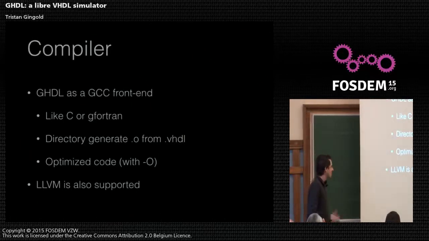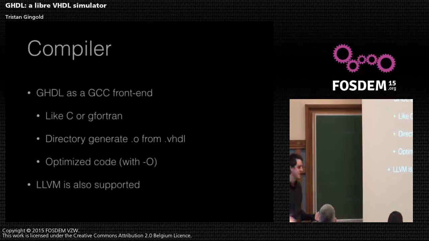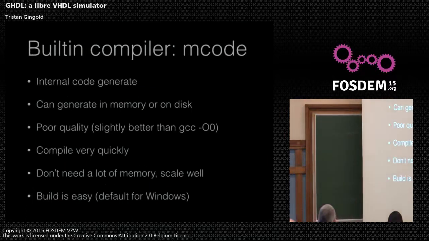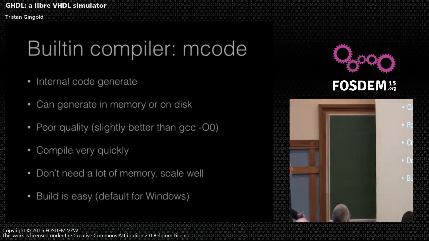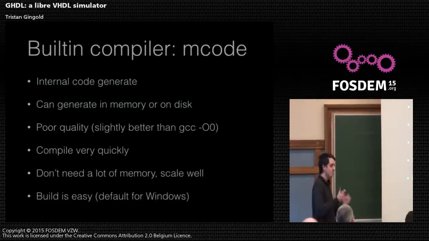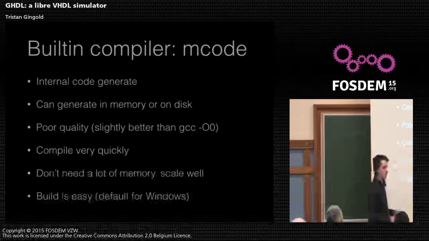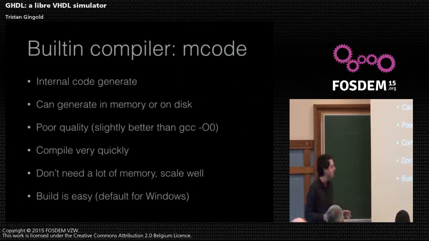Recently, last year, I also added an LLVM backend. So it's like GCC, but using the LLVM code generator. And there is also a built-in code generator that I call mcode, which can generate code either in memory or on the disk. The quality is poor. There is no optimization.